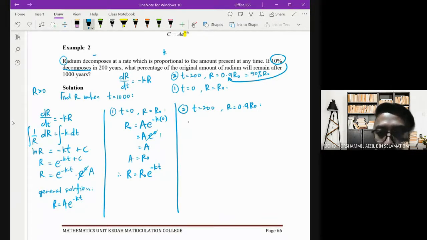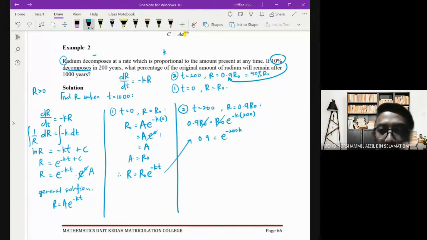Therefore substitute 0.9 of R0 into this one. We substitute into R0 exponential negative kt. Negative kt with t is 200. So what we can do is R0 and R0 can be cancelled off. So that leaves us with 0.9 on the left hand side, and the right hand side will be exponential negative 200k.